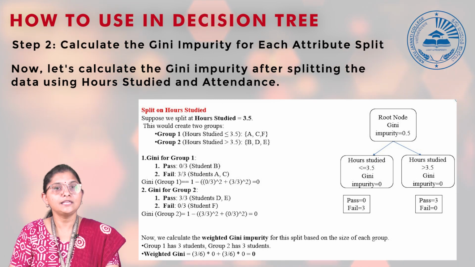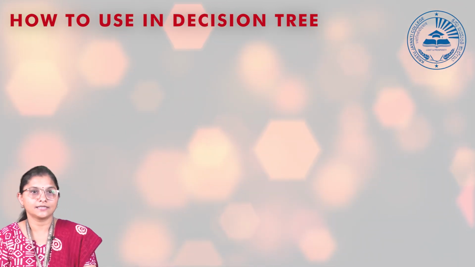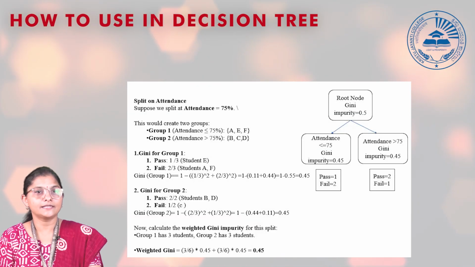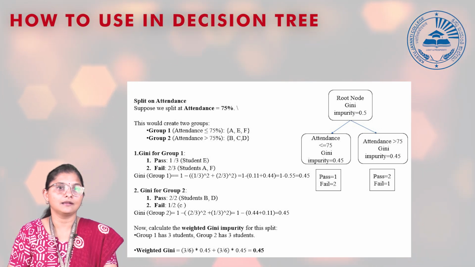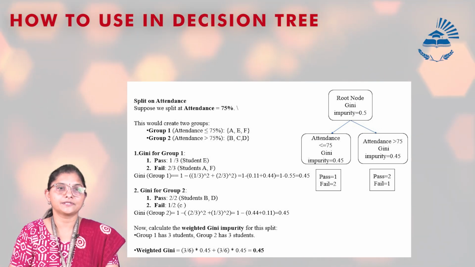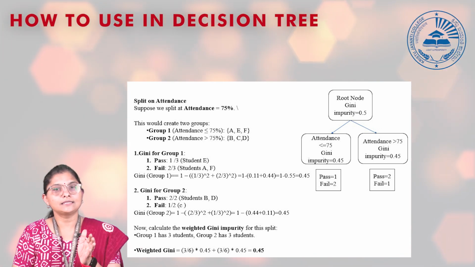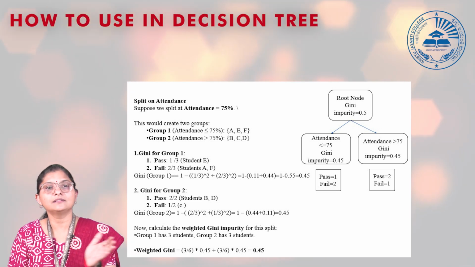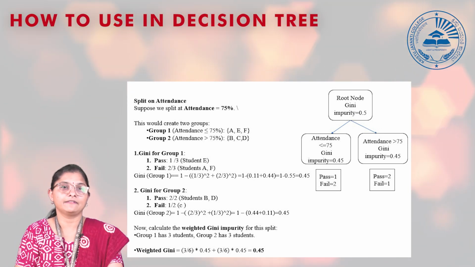Next we will calculate the Gini impurity for the attribute attendance. Suppose we split the data set based on attendance of 75%. So we will get 2 groups: one less than or equal to 75%, the other greater than 75%.